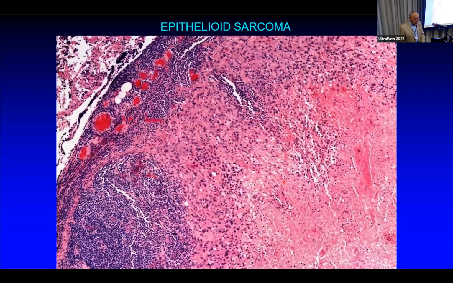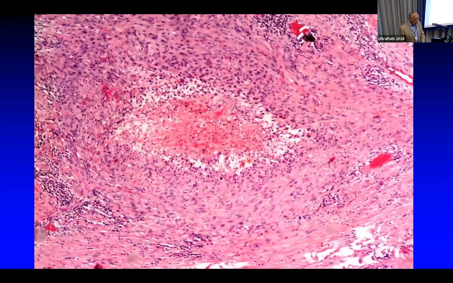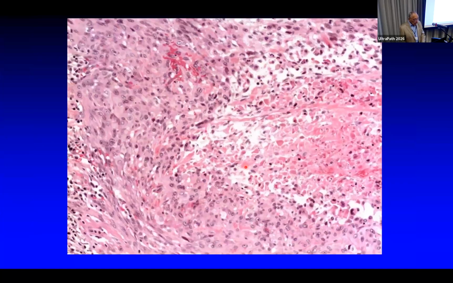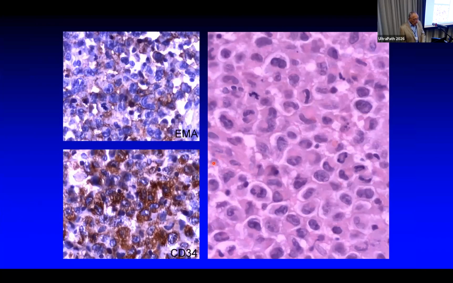Quickly, I'm going to go through the differential diagnosis. The epithelioid sarcoma looks like a granuloma, here also with central necrosis. Here it looks like histiocytic cells with central necrosis, and the proximal variant has this rhabdoid appearance, and is very aggressive.